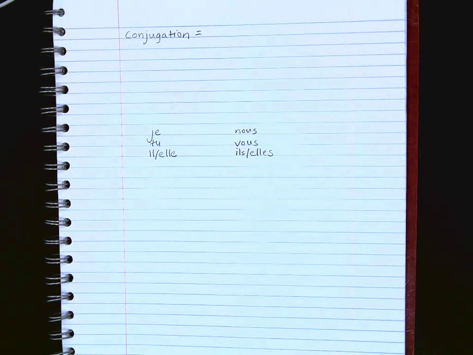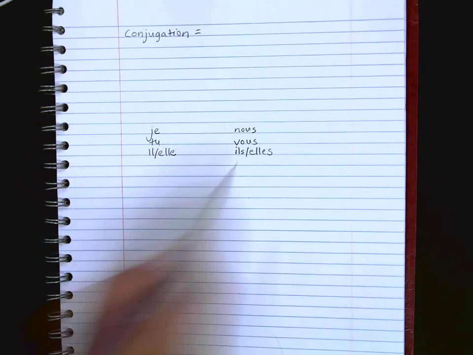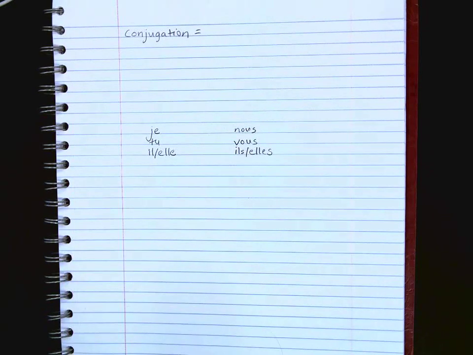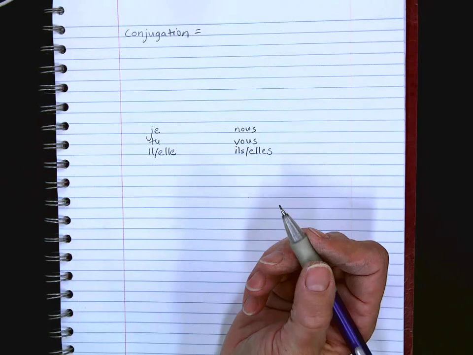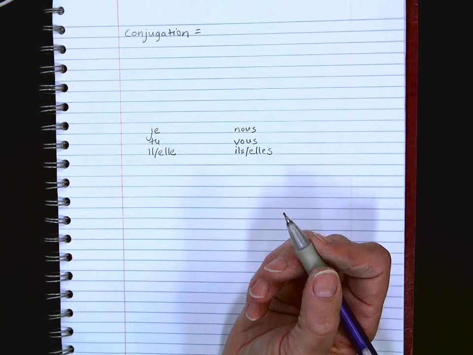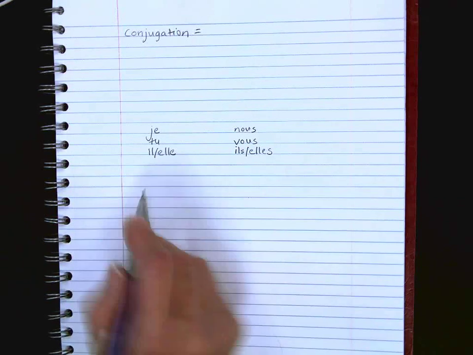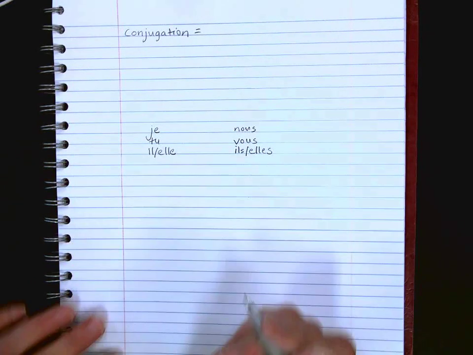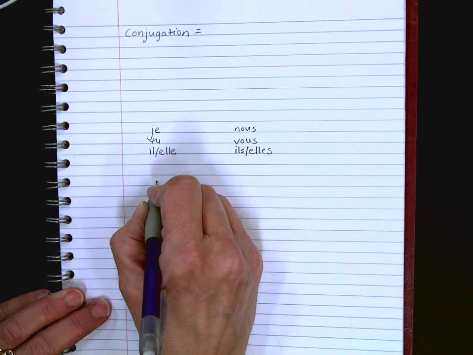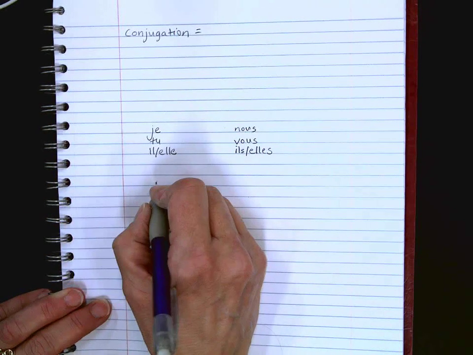Okay, so you should be learning these at this point, and the way that you conjugate an ER verb is you take off the ER ending and you add an ending that specifically goes along with these subject pronouns. So those endings are, I'm going to put them right down underneath here, and you should do the same.